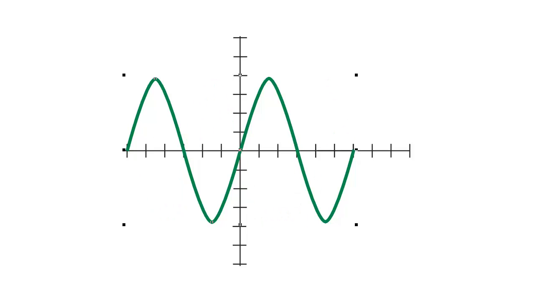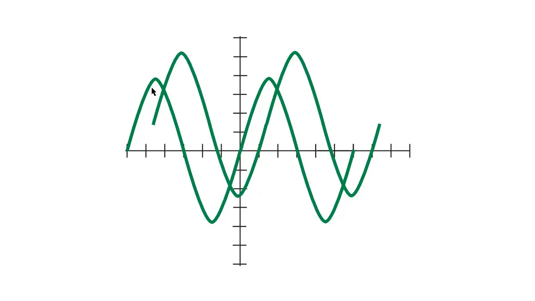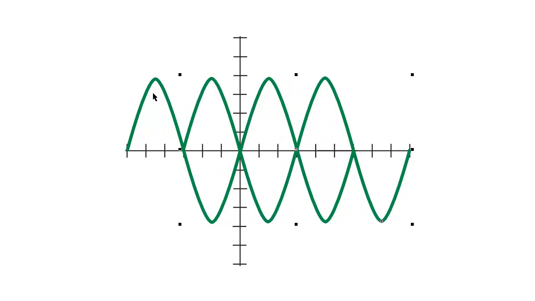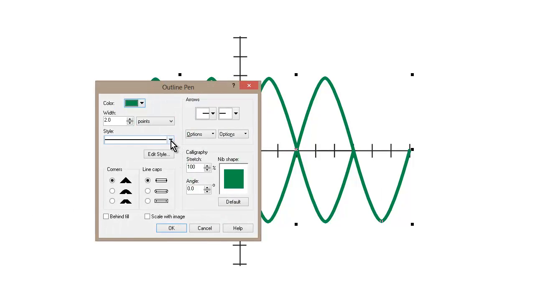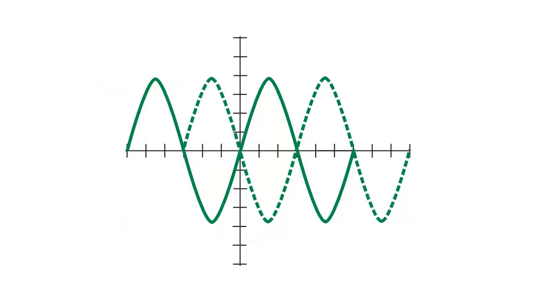Let's make a duplicate again, and then move that duplicate 1/2 of a cycle to the right. On this graph, that means it will lag the original wave by 180 degrees of phase, and once again I will make this wave dashed so that we know which one is which as we follow along.